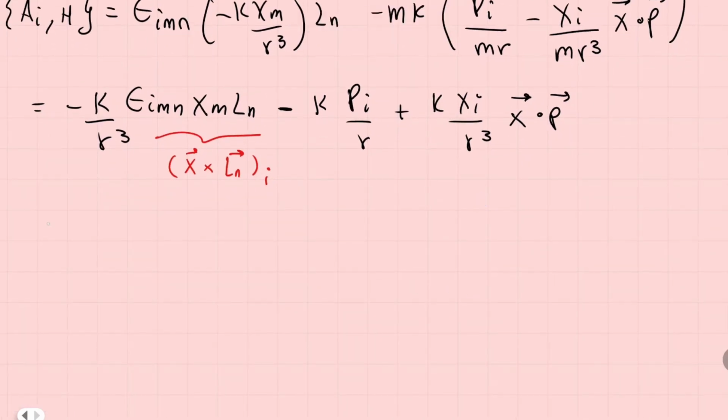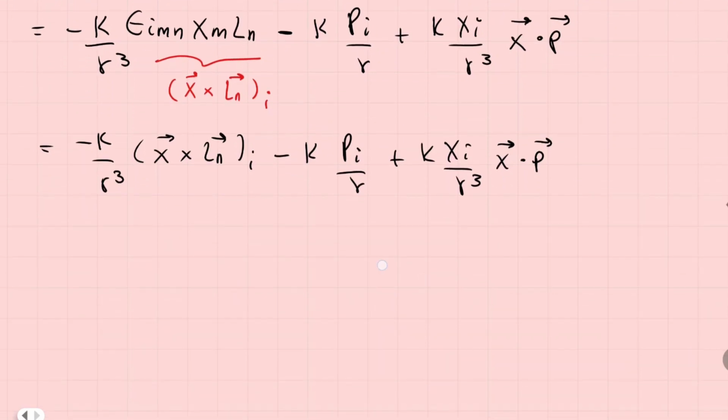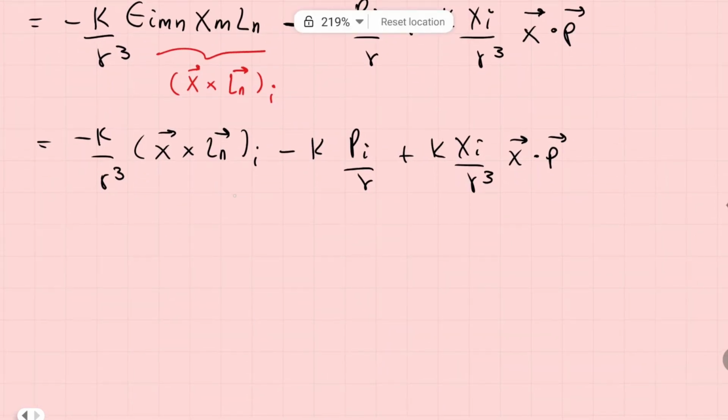So this can be rewritten as minus k over r cubed times x times ln I minus k pi over r plus k xi over r cubed x dot p. Look at what we have here, it is just the sum of I components of different vectors.